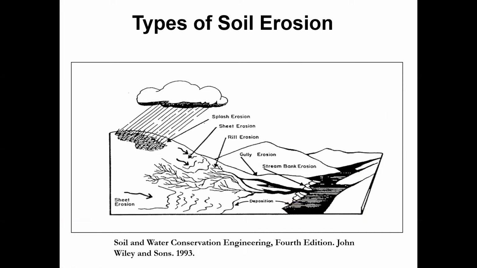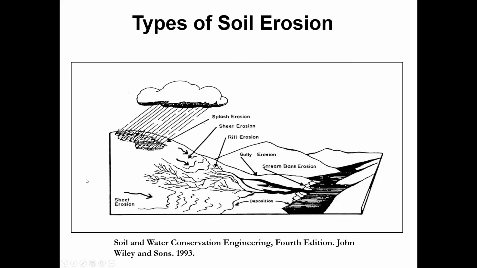There are different types of soil erosion. One is known as splash erosion, where the raindrop hits the surface of the soil and detaches the particle from the surface. The water then transports this particle down slope, as you can see here, in a sheet, and that's why it's called sheet erosion. Then, because of the particles moving across the surface and eroding it, you have the formation of rills, which is known as rill erosion.